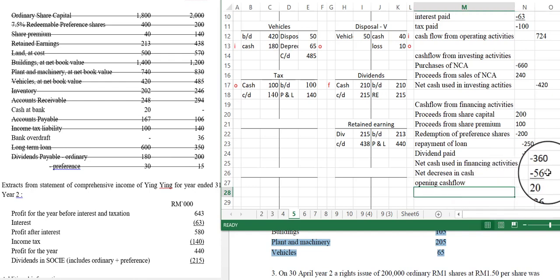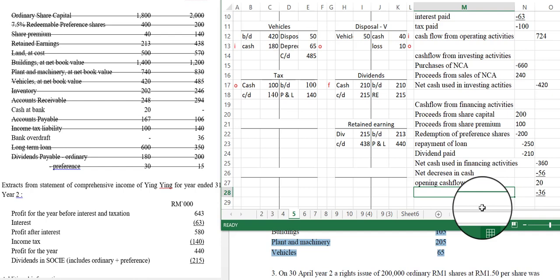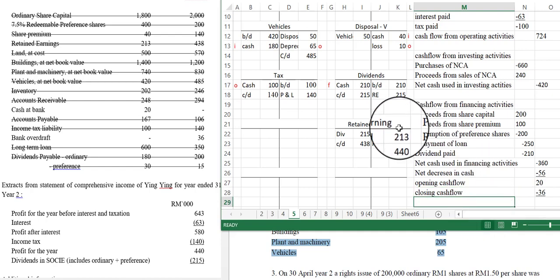So you can double check: negative 56 minus 20, you add 20, then equals 36. So this is the closing cash flow. Okay, that's all for today for this question number 5.